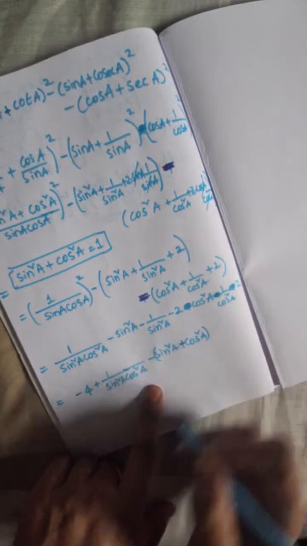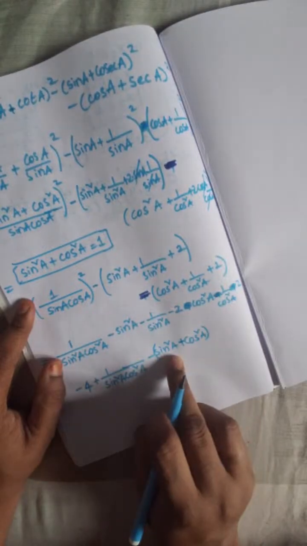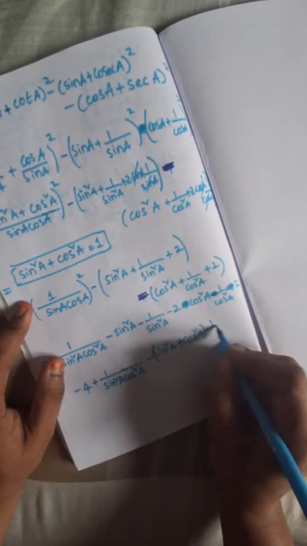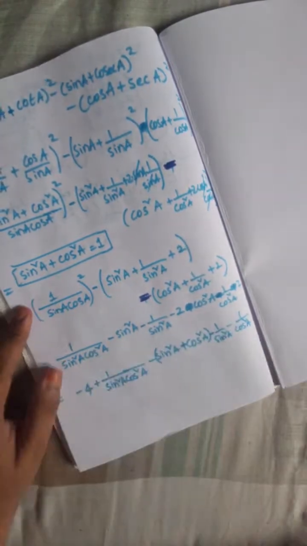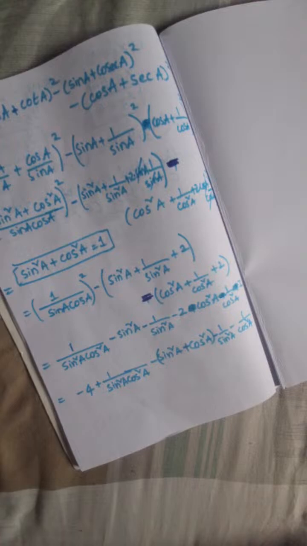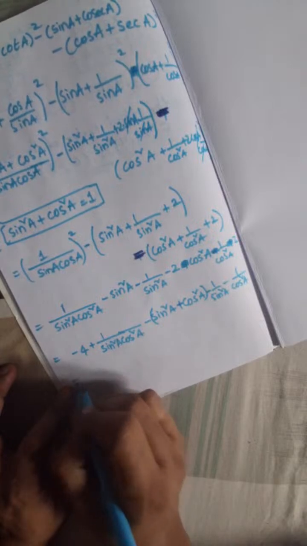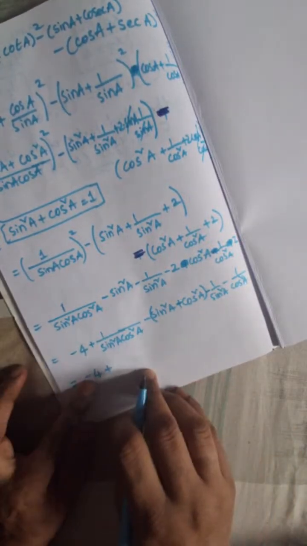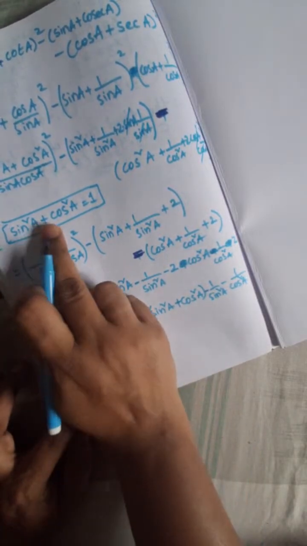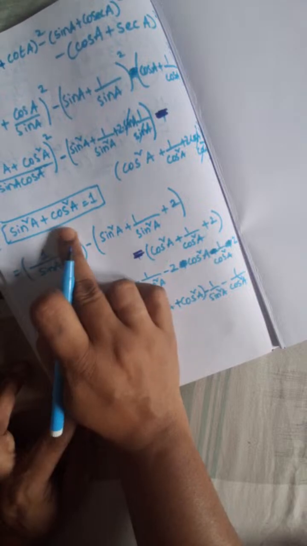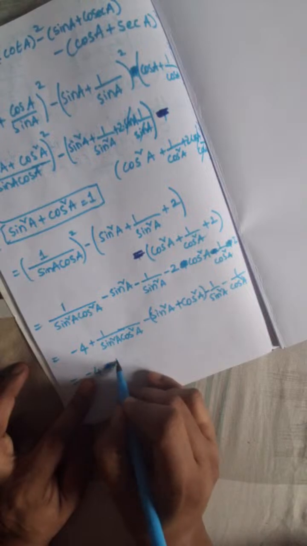So together I am writing this term sin square a cos square a, and the remaining terms are 1 by sin square a minus 1 by cos square a. Okay, now minus 4, here see, minus 4 plus what is remaining here, this becomes 1. The identity we are using here is sin square a plus cos square a, the trigonometric identity, that is equal to 1. This becomes minus 1. Okay, minus 1.